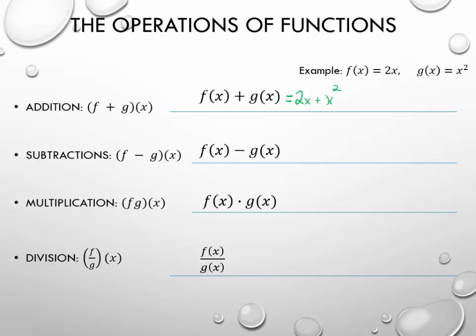But also, the letter needs to be the sooner letter in the alphabet, A to Z. So it's A to Z, highest exponent to lowest exponent. Okay? So this one ends up being x squared plus 2x.